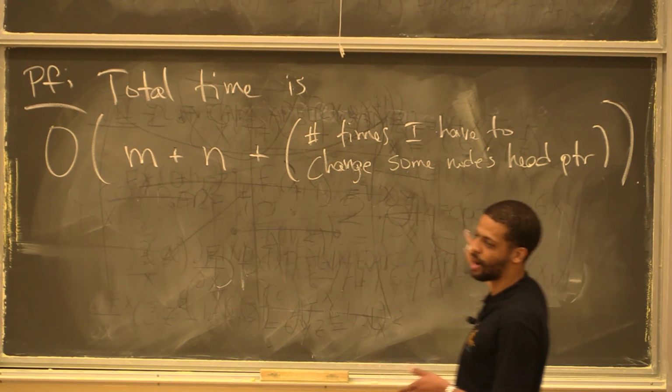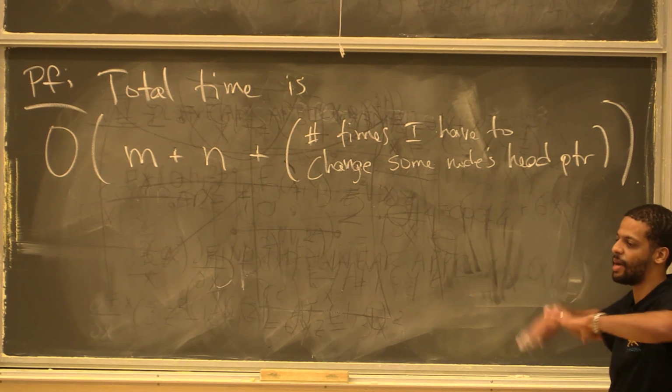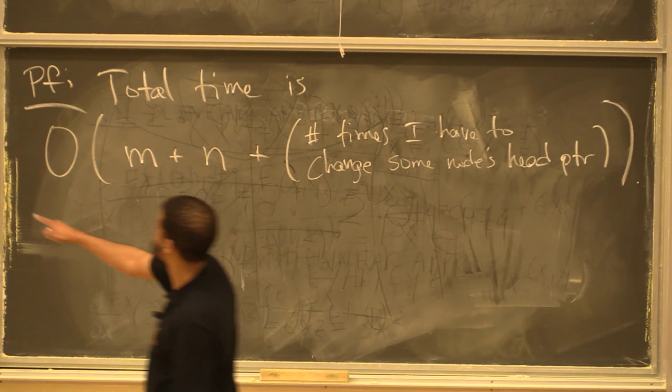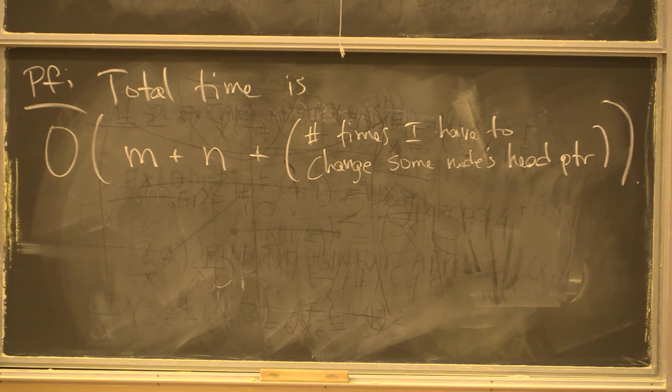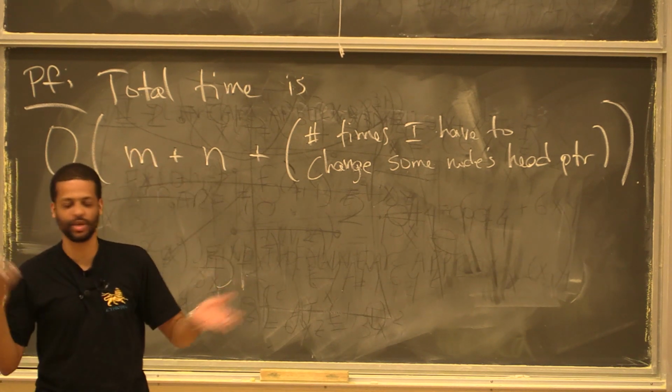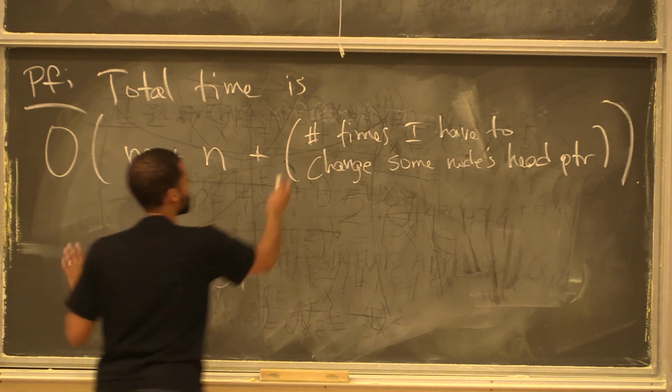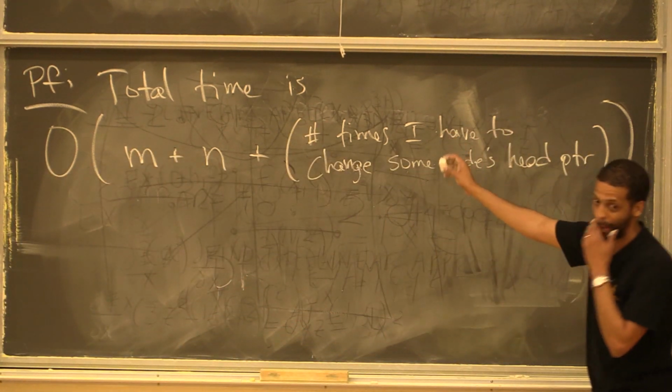This is not time per operation. This is the aggregate time of doing all the operations. So for each of the m plus 2n finds, make sets, and unions, I'm doing constant work. Plus, there are some times when I have to do extra work to change someone's head pointer because there was a union. So that's what this is. This is all the times I change someone's head pointer due to a union.